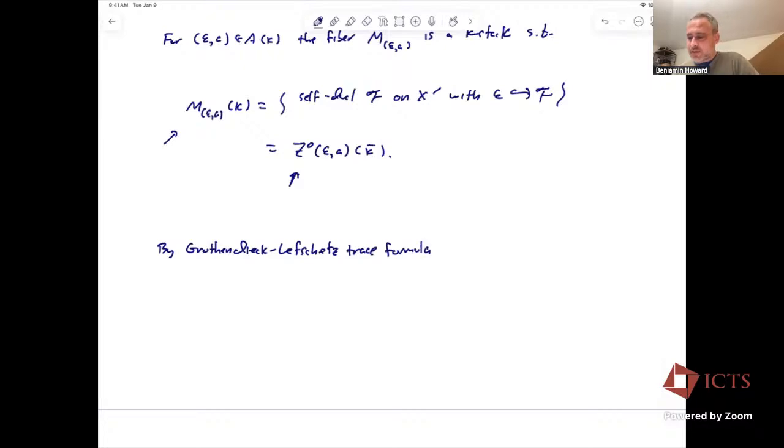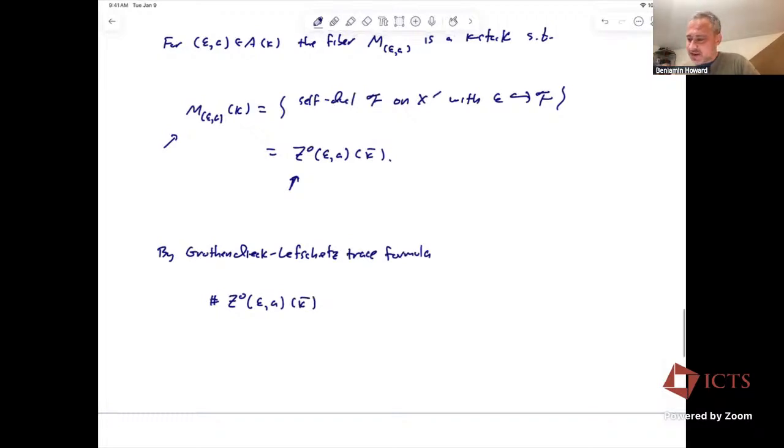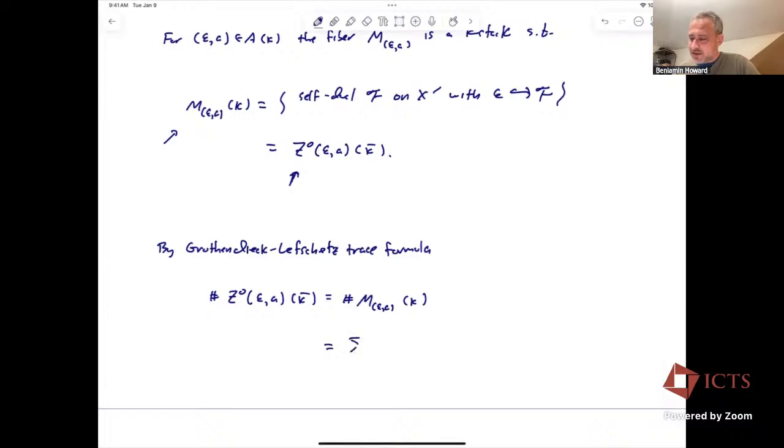So by the Grothendieck-Lefschetz trace formula, if we want to count the k-bar points on our special cycle, that's the same as counting the k points in this Hitchin fiber, which is the alternating sum of the trace of the Frobenius operator on the cohomology of the Hitchin fiber.